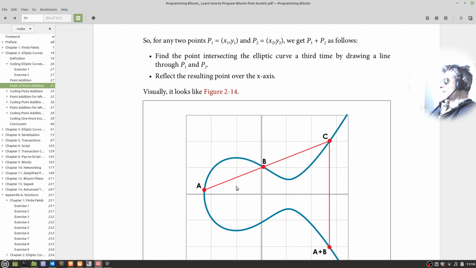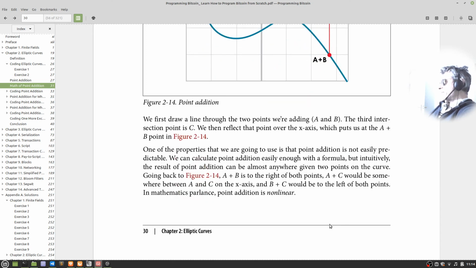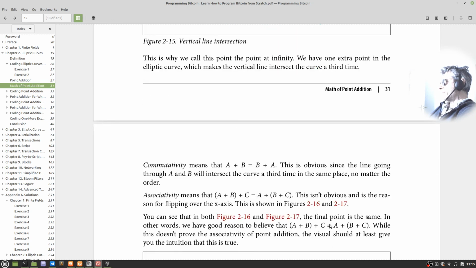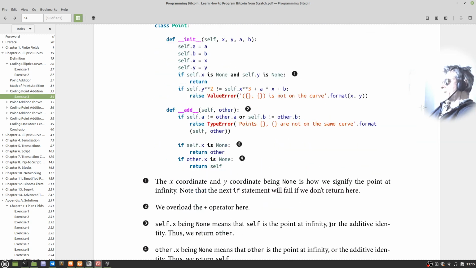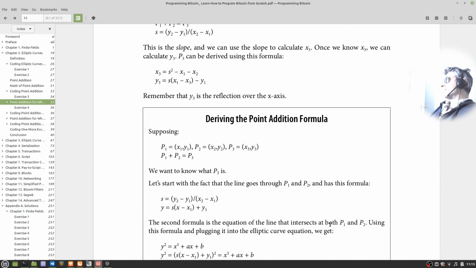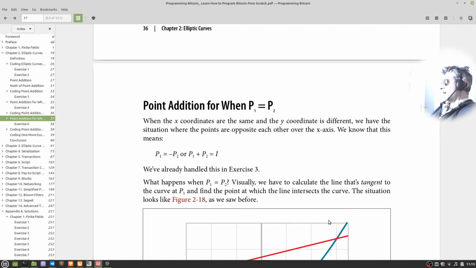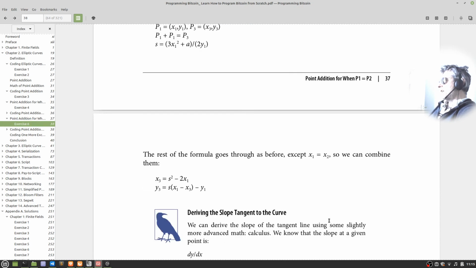This is the intro to elliptic curve cryptography. So point A, point B, you keep going, it gives you line C, and then C equals A plus B. And the whole point of this is to give you some secret numbers which you can then use to do your cryptography with, which will then give you public and private keys, which form the basis of cryptography, or what is it, RSA and asymmetric encryption, where you have a public key which you can send into the big wide world, and then you have a private key which you never share, and those two keys work together.